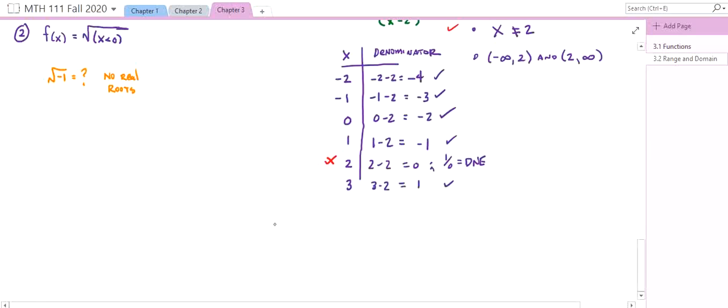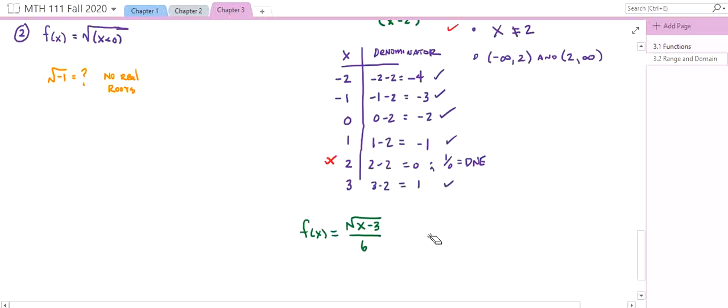So let's look at the other situation. You have f of x equals square root of x minus 3, over 6. Well, we're not going to ever have problems with the denominator here, but now in the numerator I have a root, and there are some places where this root is going to give us an imaginary number, and that means we won't have those numbers in our domain.